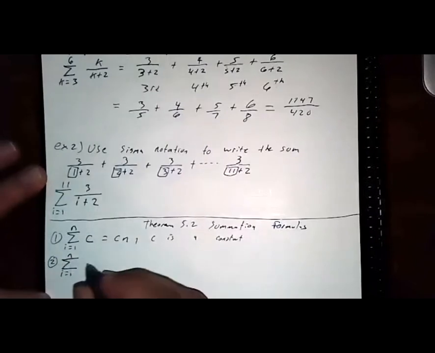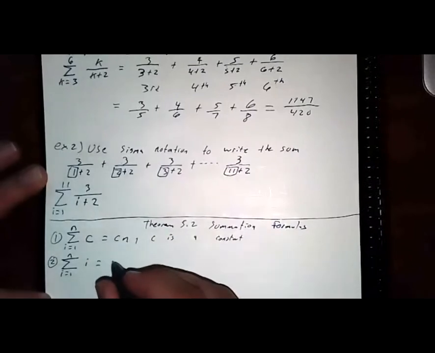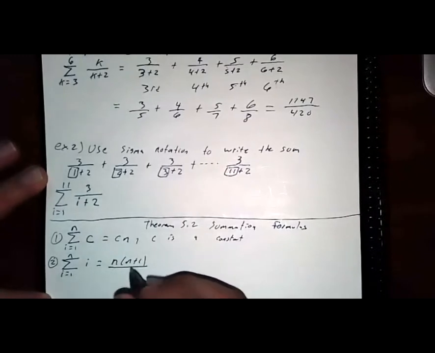Number two, if you have a summation from i equals 1 to n of just a regular i, it will always become n times n plus 1 over 2.